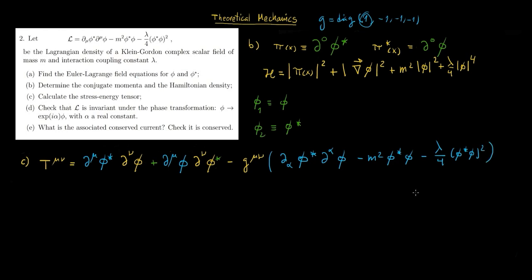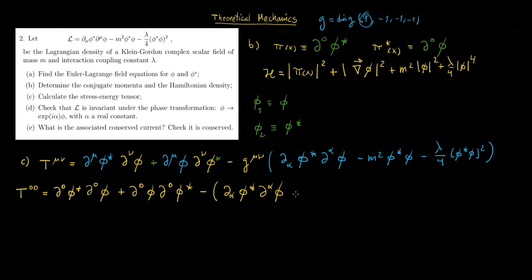So let's compute T00. T00 will be partial 0 phi star partial 0 phi plus partial 0 phi partial 0 phi star, minus G00, that is 1, minus partial alpha phi star partial alpha phi minus m squared, all these things.